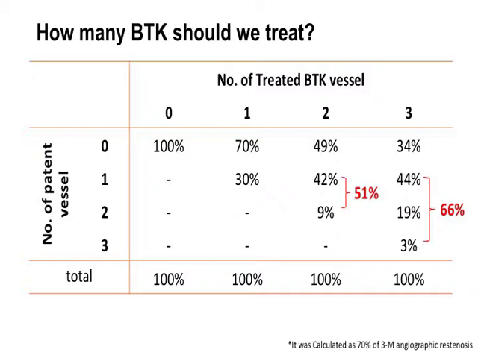If you treat 2 vessels below the knee, maybe in half of cases 1 or more treated vessels seem to be open. If we treat all 3 vessels, maybe in two-thirds of cases 1 or more seem to be open. But we should keep in mind that the remaining one-third of vessels have been occluded altogether.